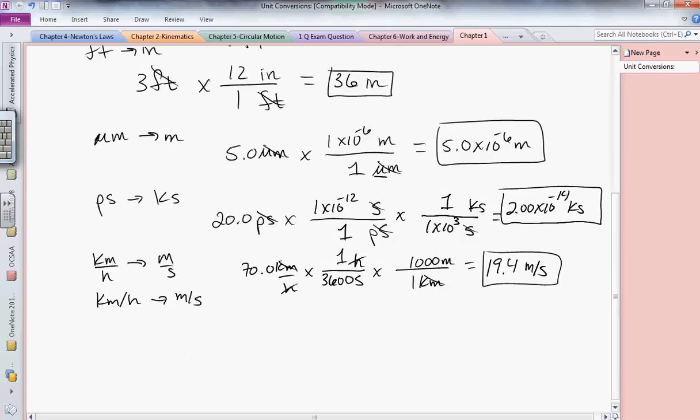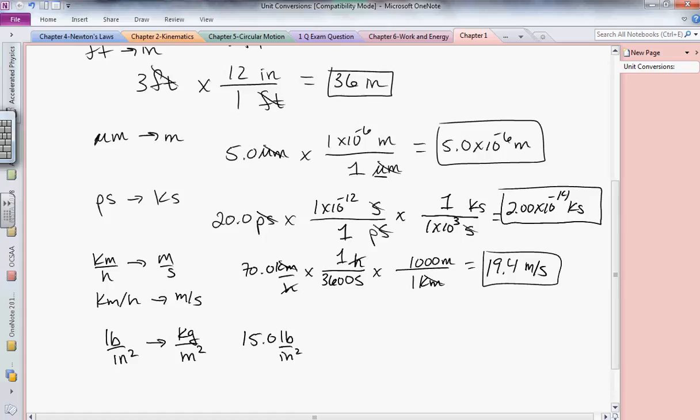The last type of unit that you guys are going to see will be a unit that has a prefix that's raised to some power. So, for instance, pounds per square inch, which is the unit of pressure. In physics, we're going to convert that to kilograms per square meter. Okay, and atmospheric pressure at sea level is around 15 pounds per square inch.